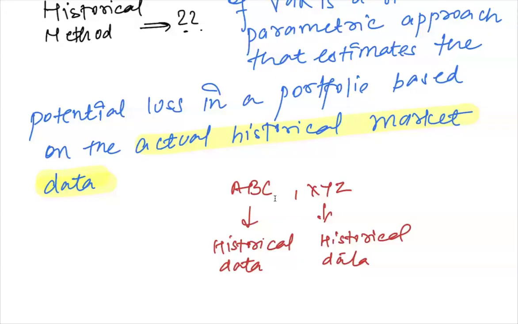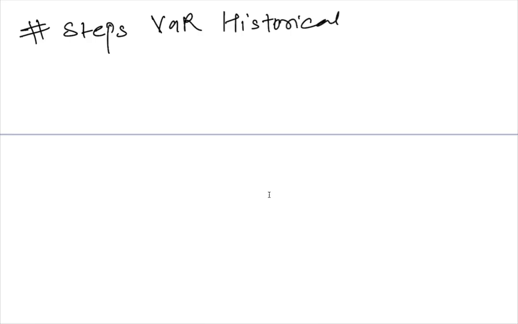So now the question is, how do we do this? What are the steps involved in calculating value at risk using the historical method? So let's look at the steps.